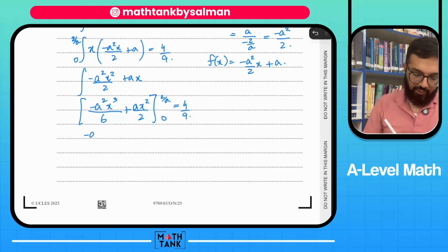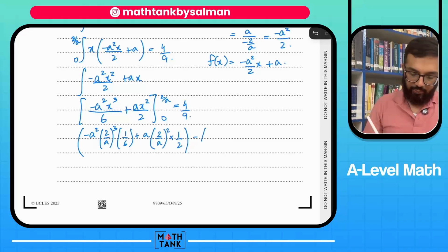Okay, so minus A squared into 8 over A cubed into 1 over 6 plus A into 4 over A squared into 1 over 2. And the other terms are 0 and 0 because x is 0. That equals 4 over 9. So minus A squared over 8A cubed into 1 over 6.